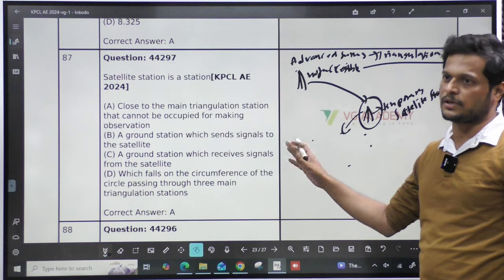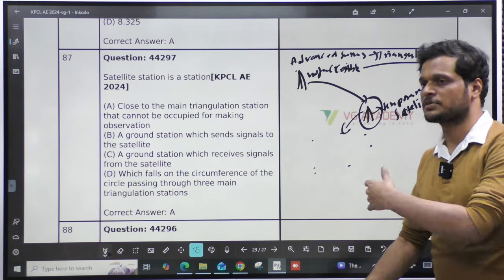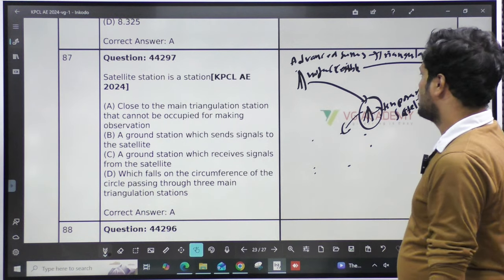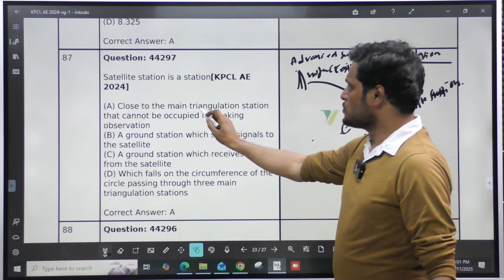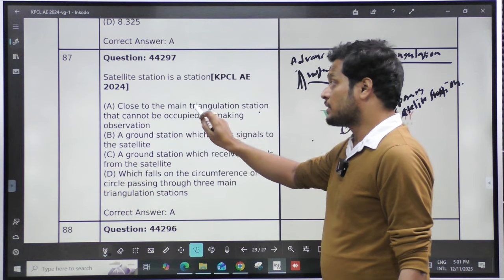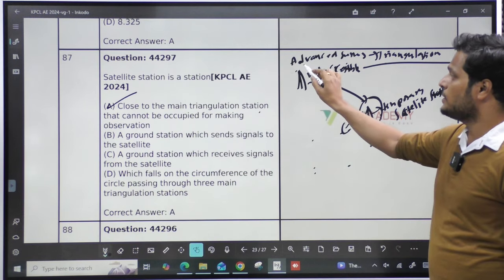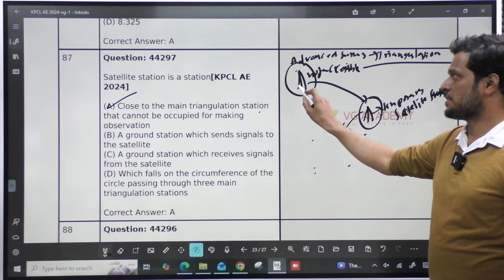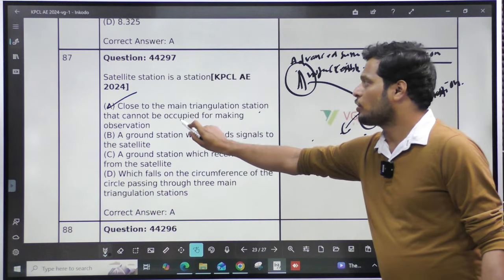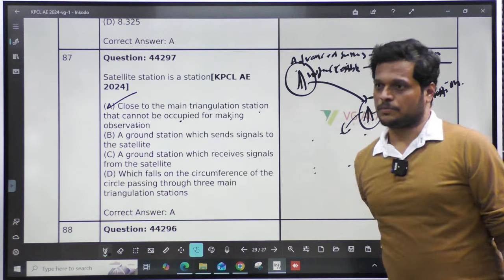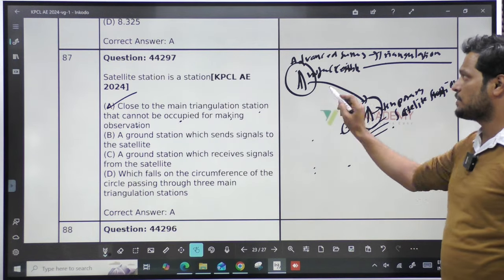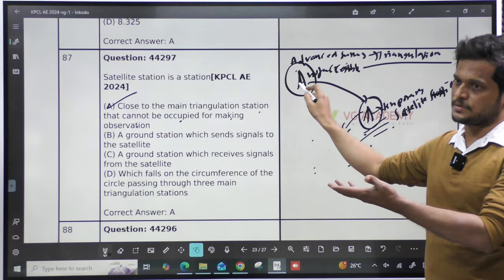There is a process for this during advanced survey, I will explain how we do that. So it is close to the main triangulation station that cannot be occupied for making the observation. Okay, this is the satellite station, this is the main station, but we cannot access it.